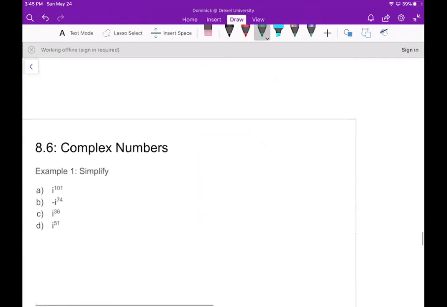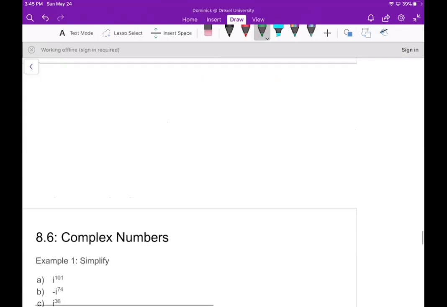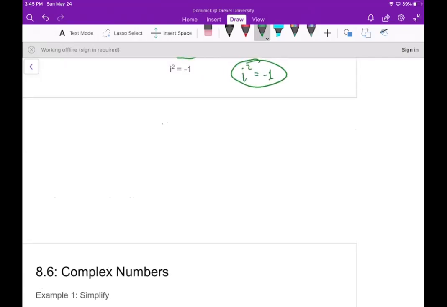Okay. Now, first of all, I just want to talk about some powers of i. Before we do these examples, let's look at something. We said that i is the square root of -1. i squared is obviously just -1. Then i to the third is i squared times i, which is -1 times i, which is -i.